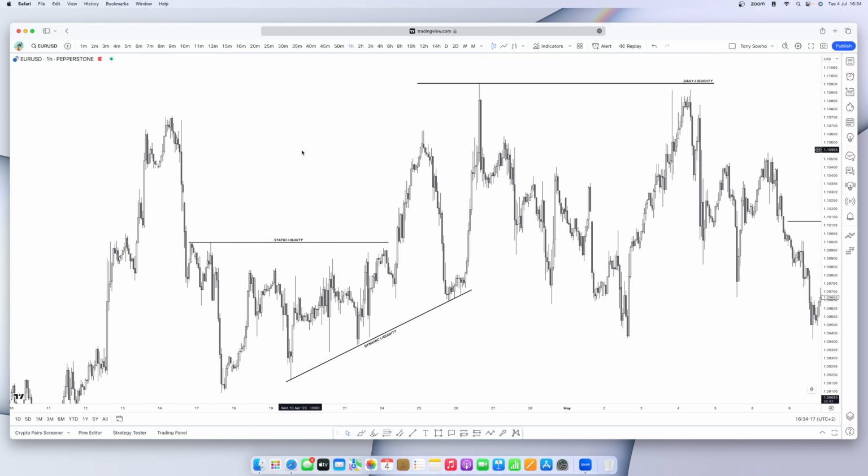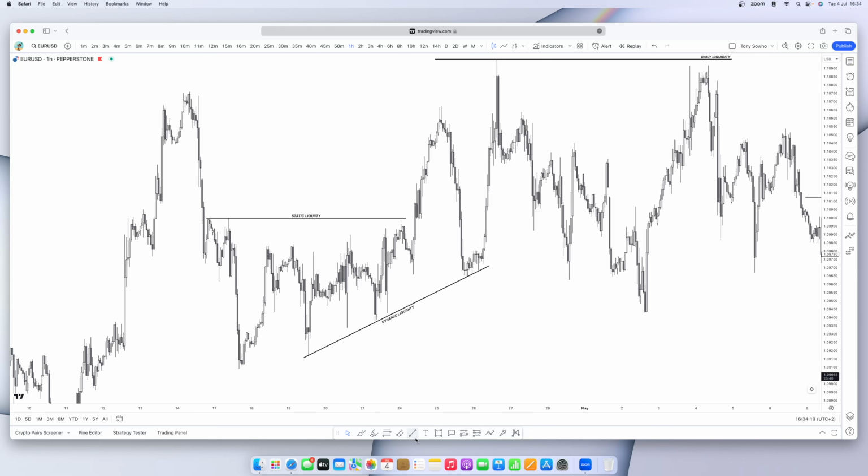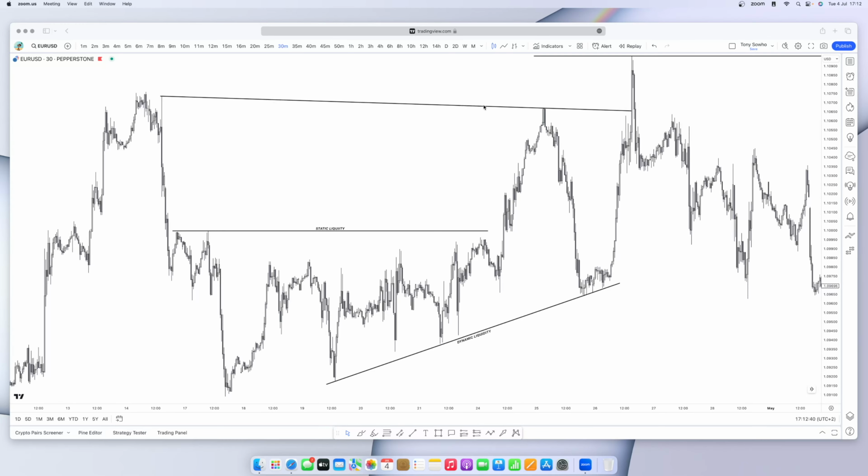Let us see if there's another example. In this area here, we had this high all the way to this high here. Now, this is not really a static liquidity. This is more like a dynamic liquidity, because we do not have equal highs, it is not really equal.